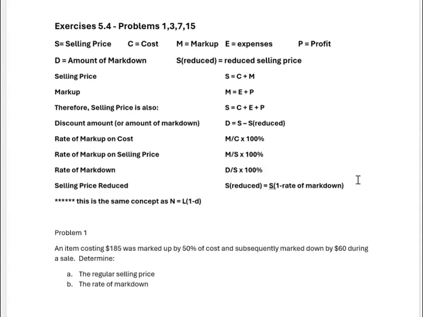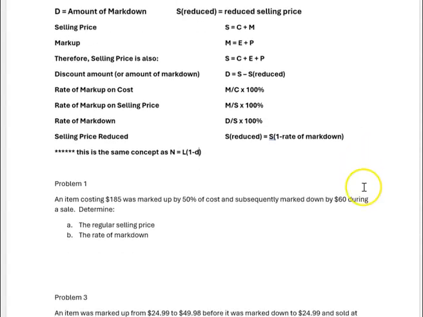But if it's the retailer, so a clothing boutique has put their winter jackets on sale, that's when you'd look at selling price reduced equals the original selling price multiplied by 1 minus the rate of markdown, or the discount percentage. Okay, so let's look at the problems.